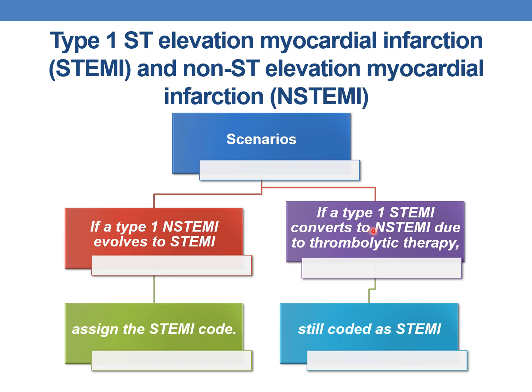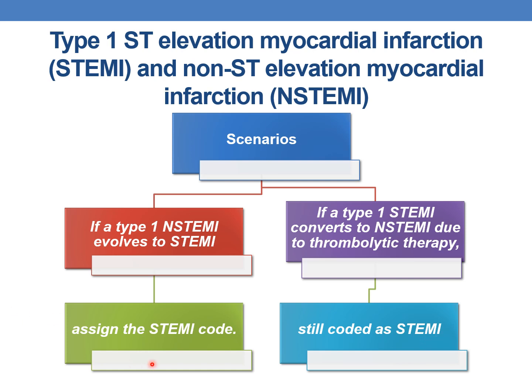The second scenario, if a type 1 STEMI, ST elevation myocardial infarction, converts to non-ST elevation myocardial infarction due to thrombolytic therapy. Due to the drug therapy, the severity is reduced and type 1 ST elevation myocardial infarction converts to non-ST elevation myocardial infarction. Even in this case, you still need to code ST elevation myocardial infarction.